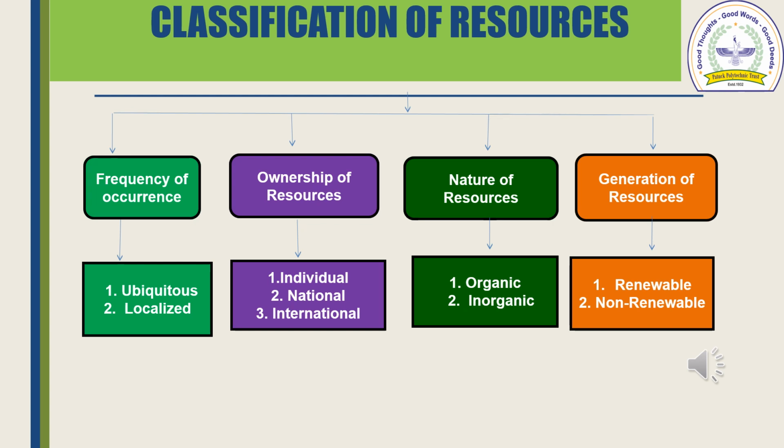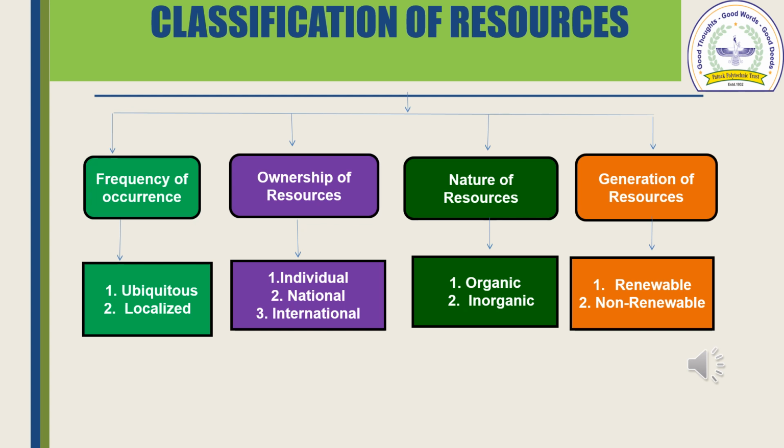Now, localized resources. The resources occurring only at a few places are known as localized resources. For example, coal, natural oil, iron ore, etc. These resources are of high value and can help the economic development of the country.